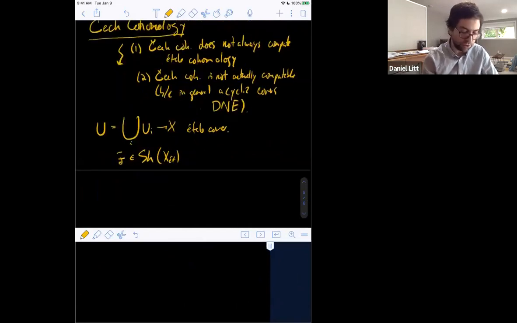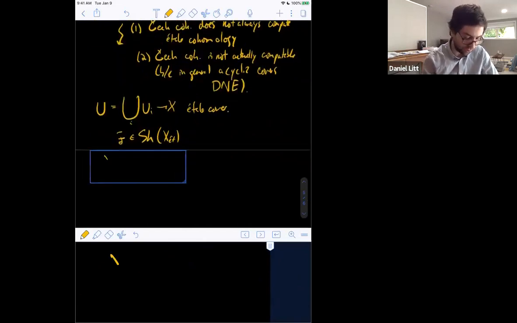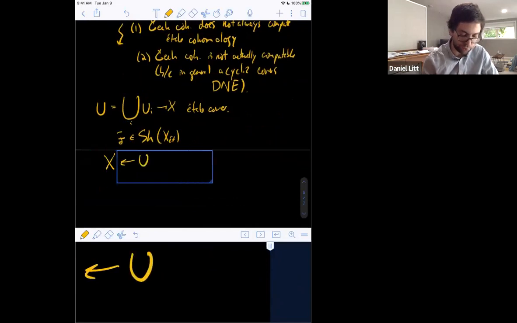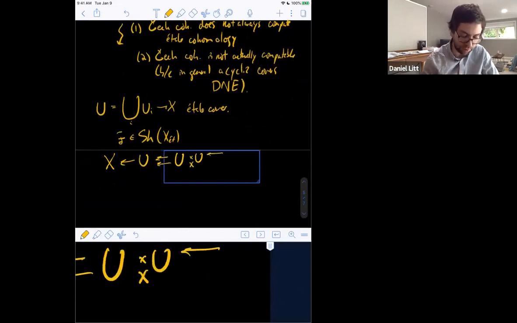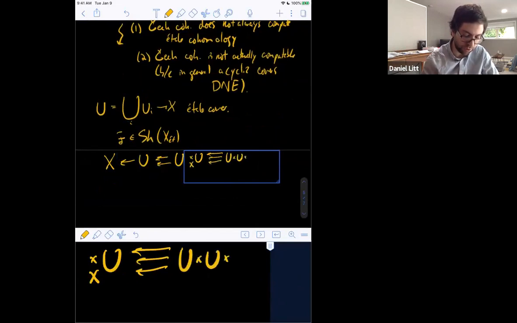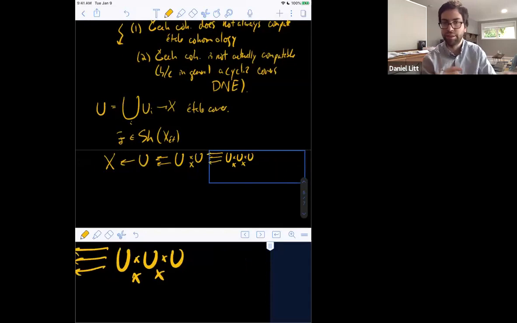Okay, so from this U, we get some diagram, which is probably familiar from when we talked about descent. U maps to X, and then there are two maps from U cross U over X to U, the two projections. And then there are three maps from U cross U cross U over X to U cross U, the projections onto the first and second, first and third, and second and third factors.